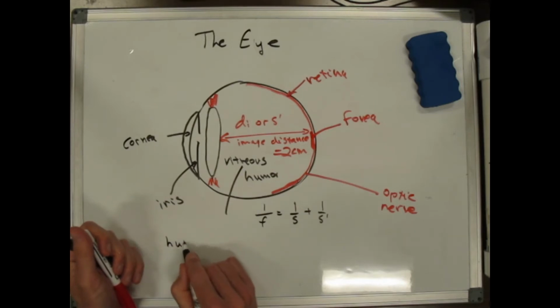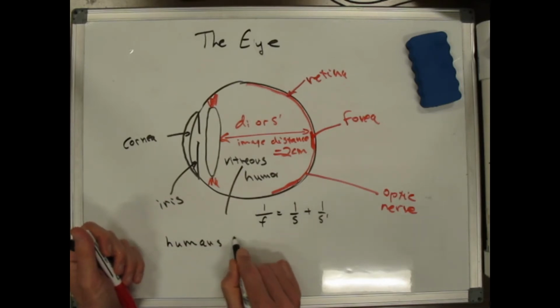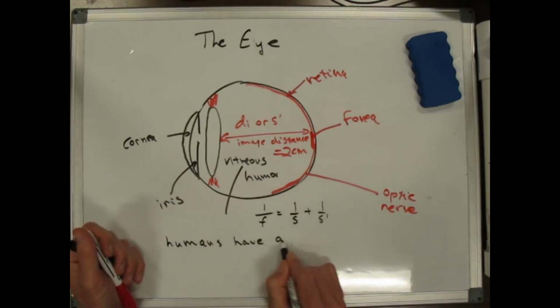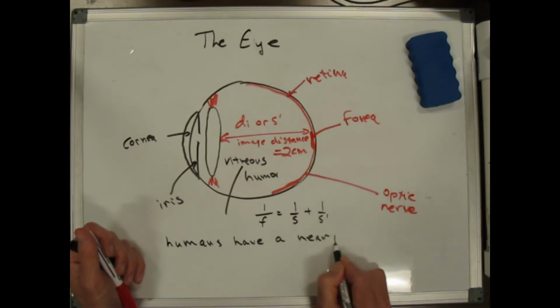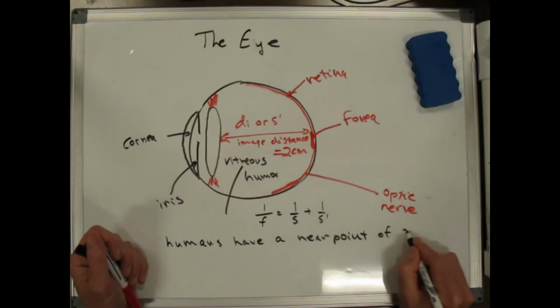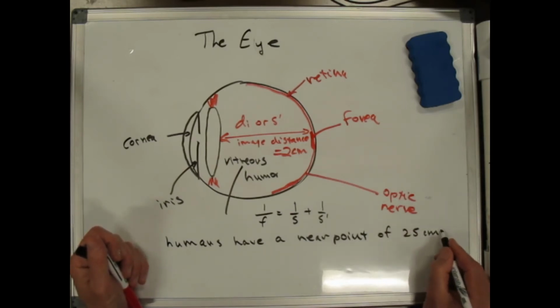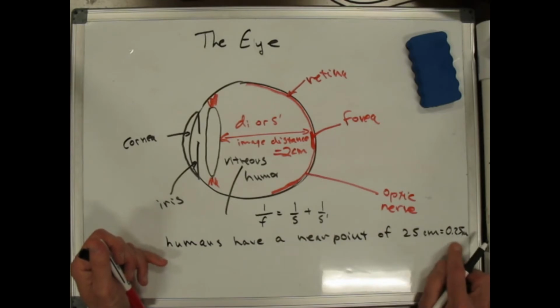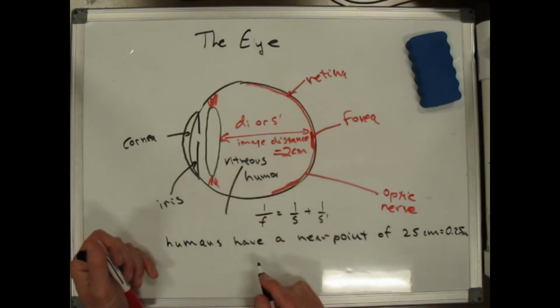Humans have a near point of about 8 inches. It varies a little from person to person, but it's close enough, 0.25 meters, that we'll just assume it's the same way for everybody, just like that 2 centimeters.